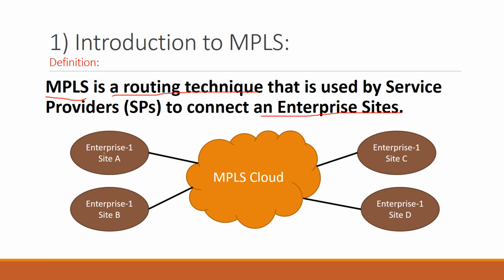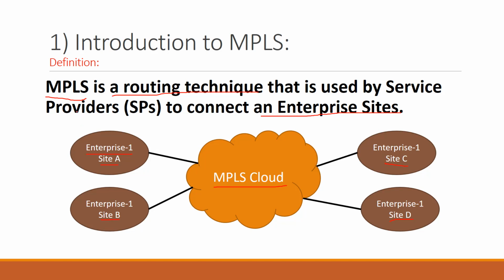If you have an enterprise with 4 sites, site A, site B, site C, and site D, and you want these 4 sites to be interconnected, you can use MPLS to connect these 4 sites through the MPLS cloud.